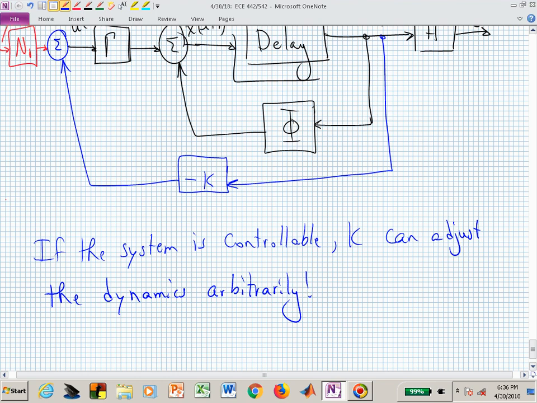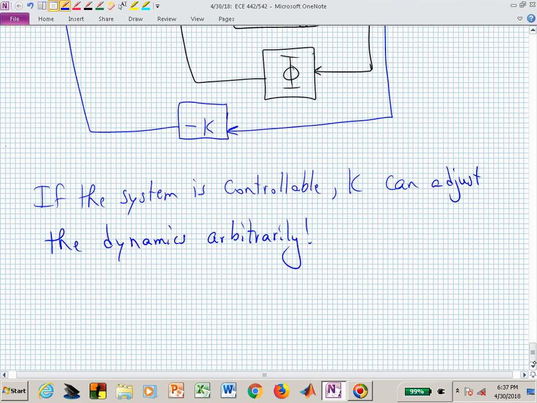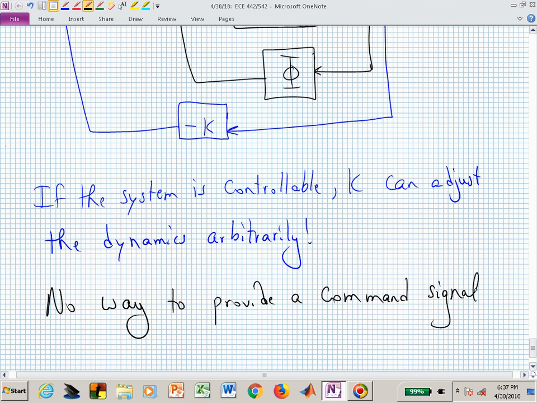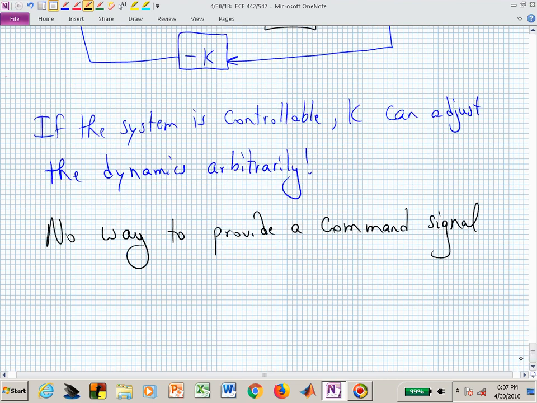So we can tell the system how to behave with K. But if we just had K, there's no way to provide a command signal to the system.